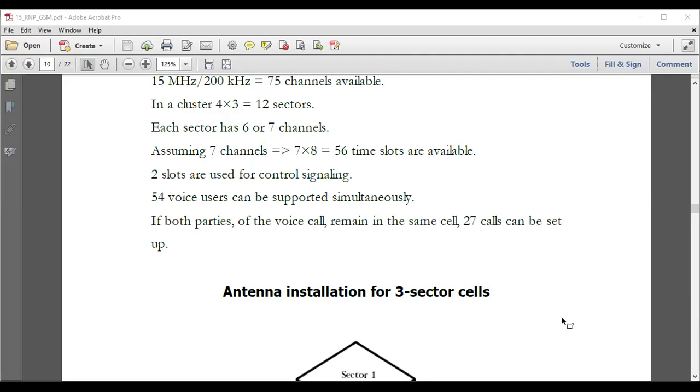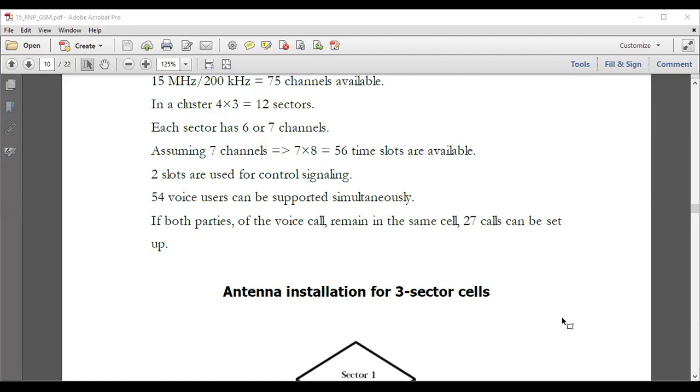I just wanted to let you feel that you have actually two users for every voice call setup. I mean, two people are talking to each other. So if both of them are using 2G services, both of them require time slots. They both consume time slots.